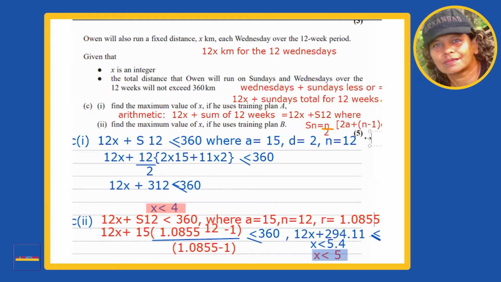So for S12, we're going to have S12 is equal to 12 over 2 into 2a plus n minus 1, which is 12 minus 1, is 11d. All right.